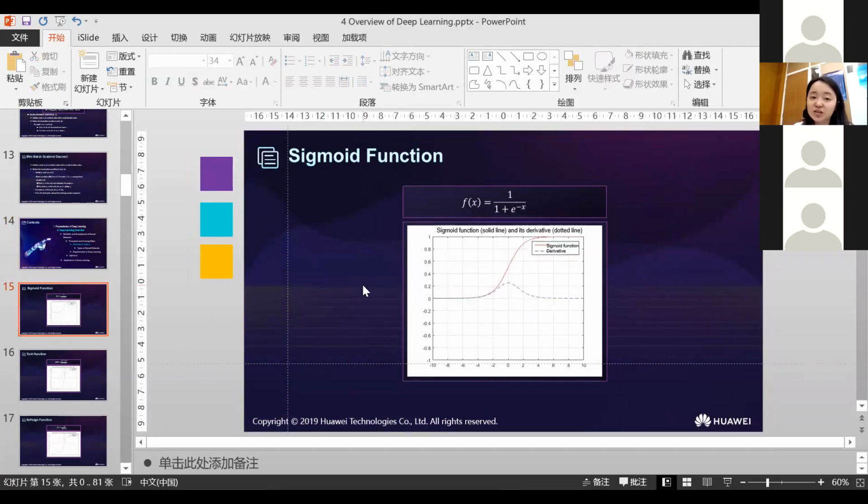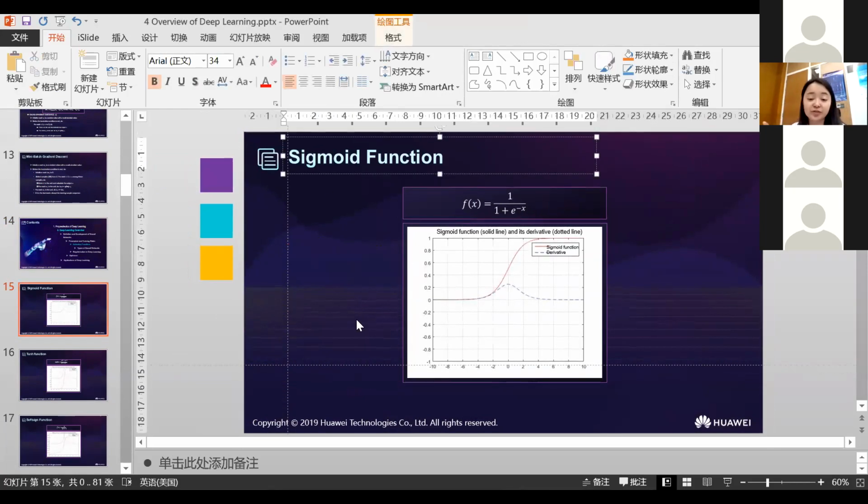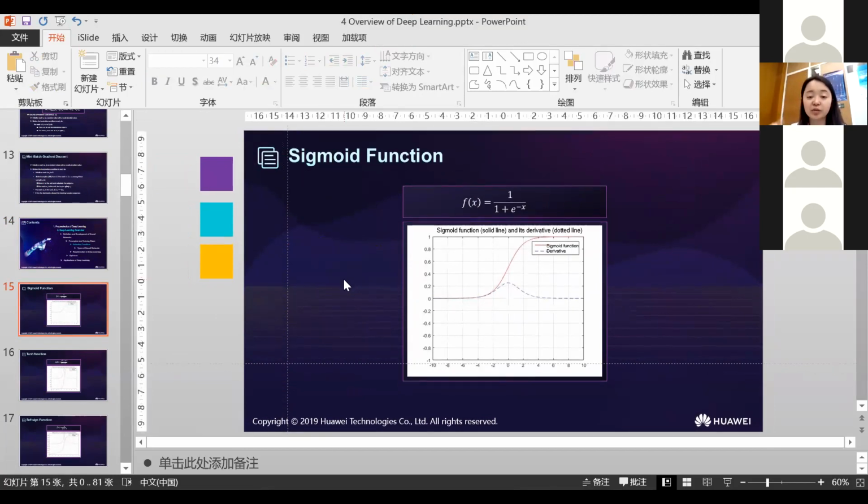In logistic regression, we will use the sigmoid function, right? And here we can use the sigmoid function as an activation function, and the red line is the sigmoid function, and the dashed line is the derivative of this sigmoid function.